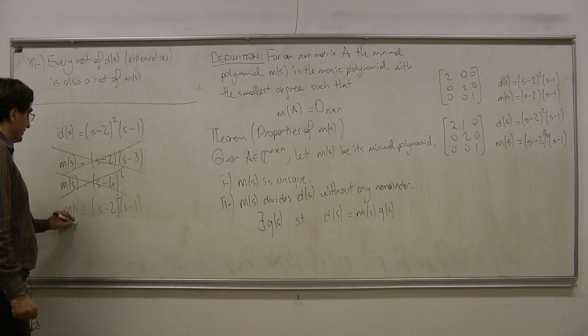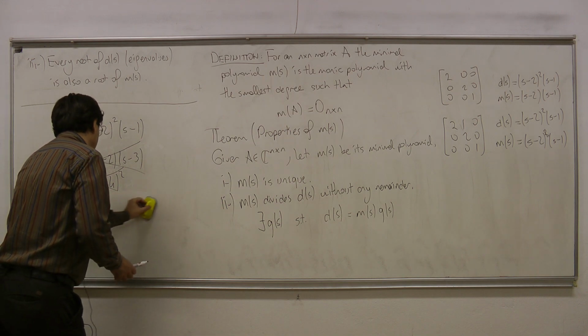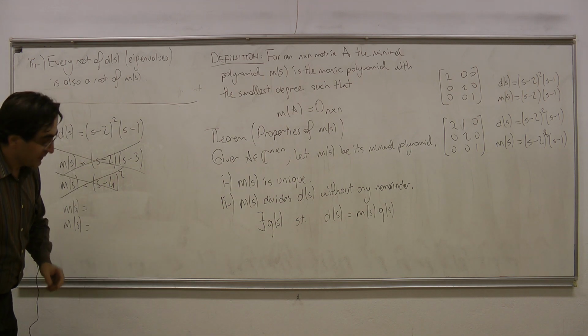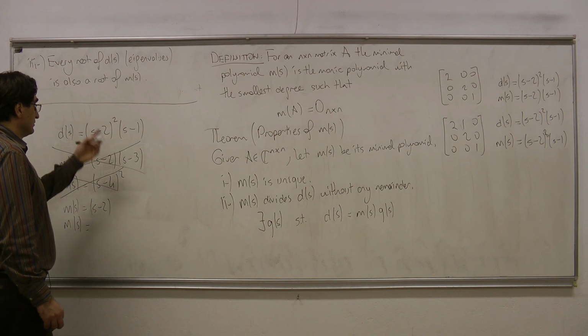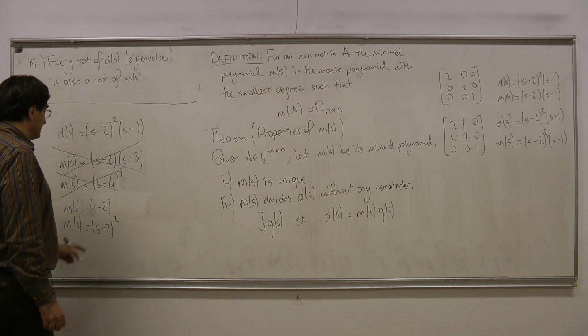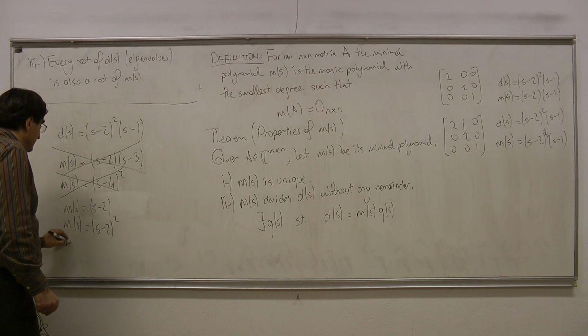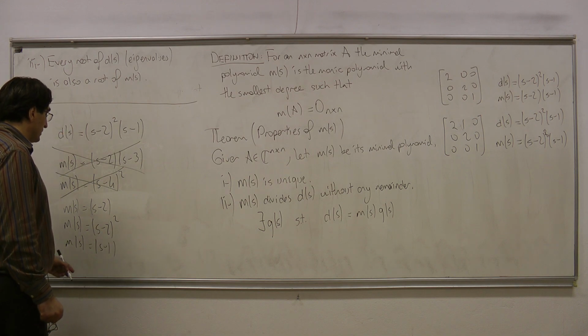So what were the alternatives? Let me write them in a long way. I'm sorry, I'm erasing too much here. So s minus 2 doesn't violate the second property. S minus 2 squared doesn't violate the second property. M of s equal to s minus 1 doesn't violate the second property.